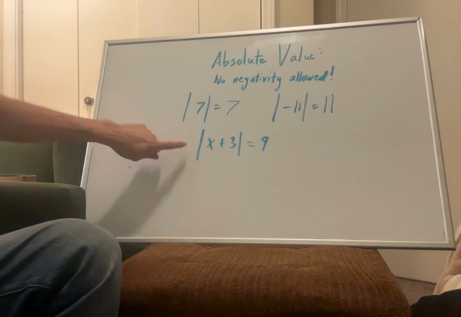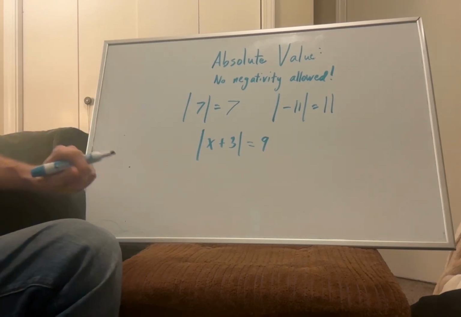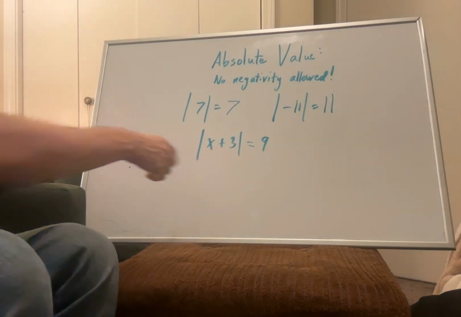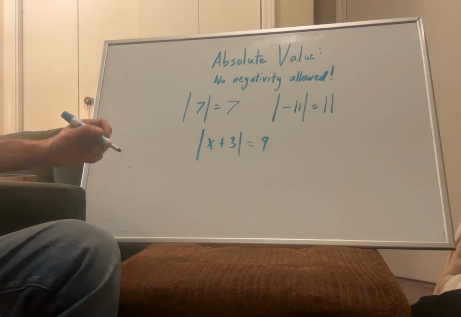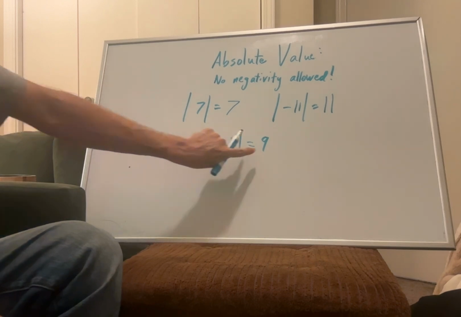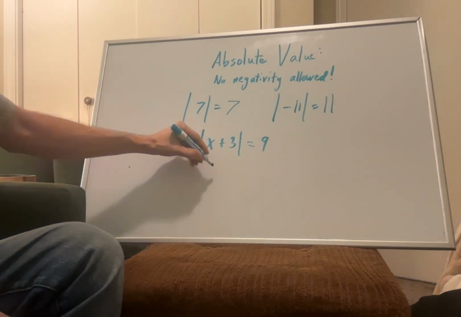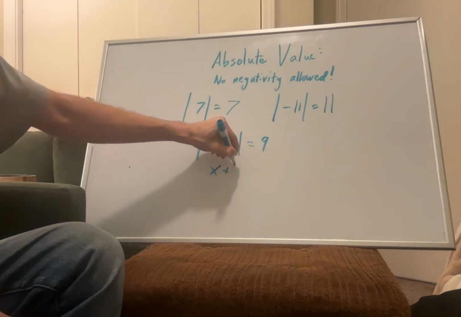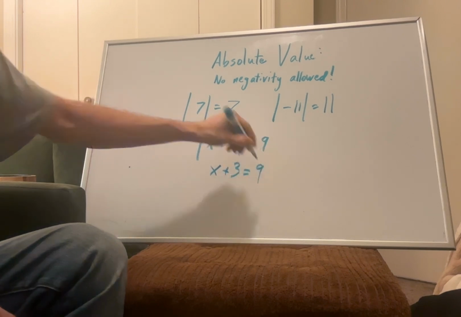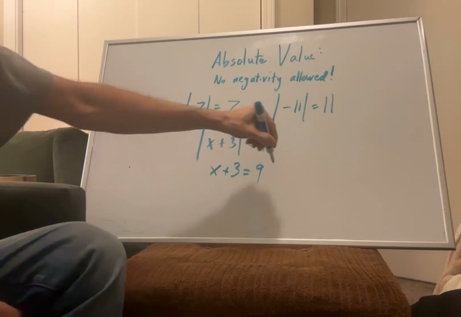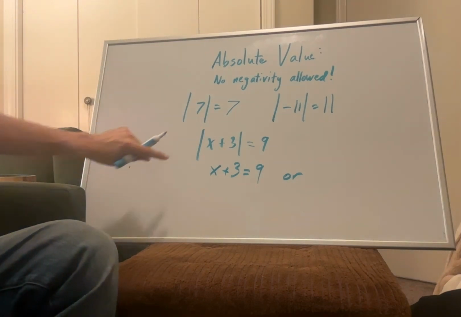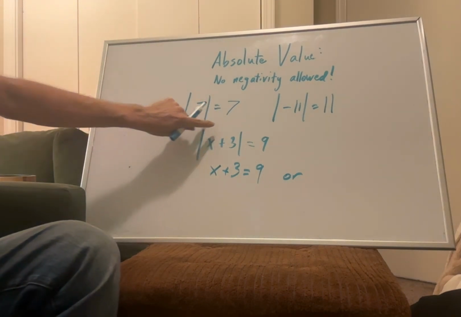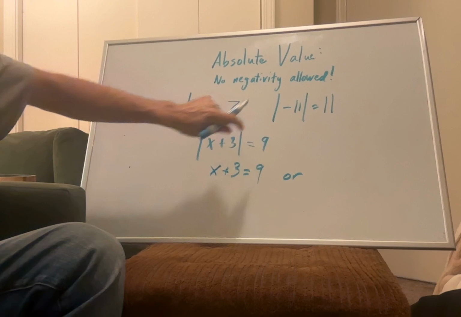To apply that to this problem, we can think about removing the absolute value symbol, but in return we need to account for both of those cases. So this implies that either x plus 3 equals 9 itself, or, if what's inside equals negative 9, then the absolute value of negative 9 is also positive 9.